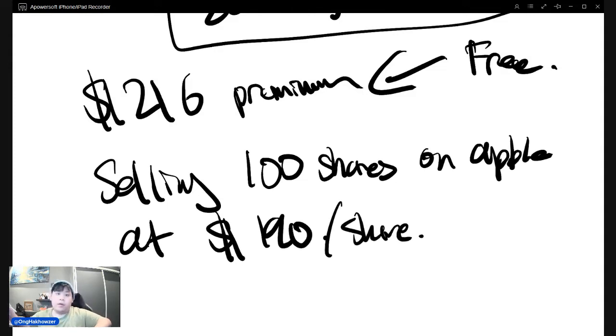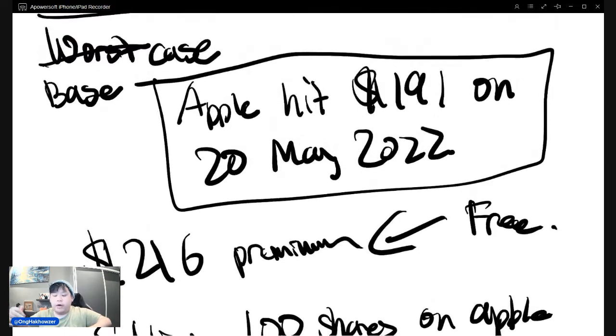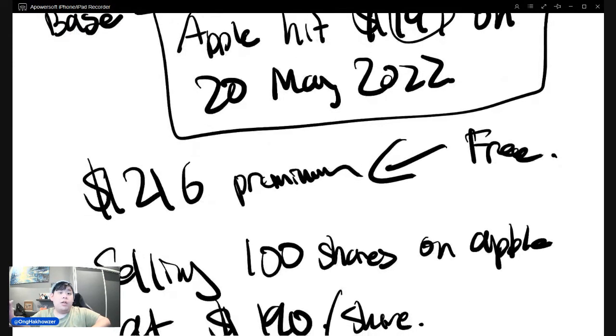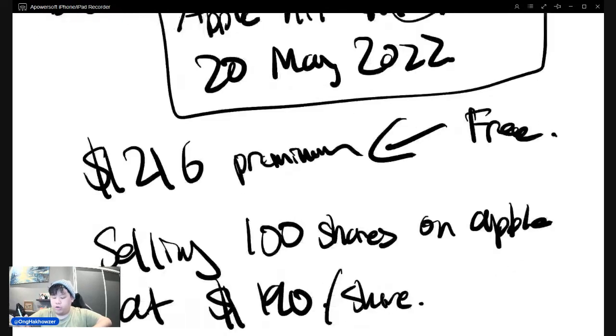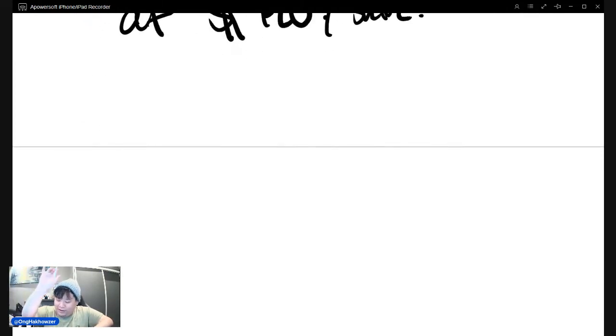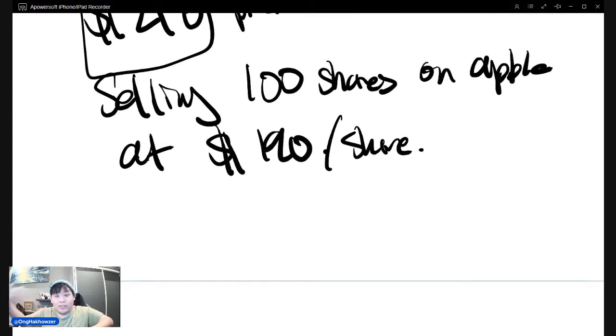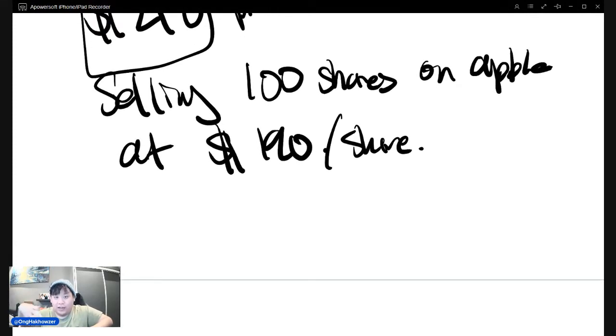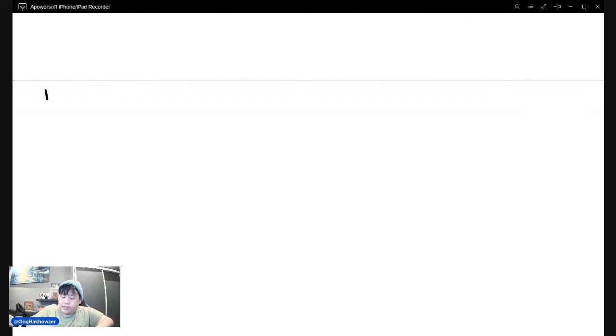Of course, if the current price of Apple is $191, you're only basically losing $100. But let's not forget, you're losing $100 and getting $216 of premium, so you're still kind of up on your investment. If this happened, I'll explain what I would do, but let me first give you the worst case scenario.